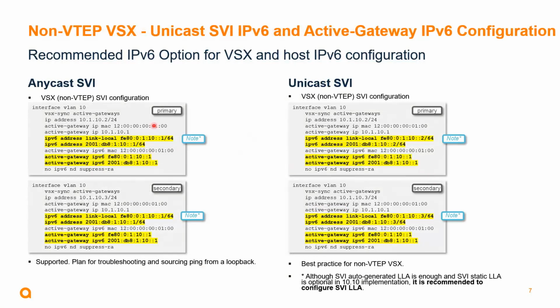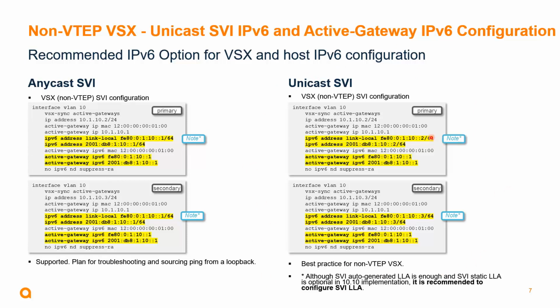Now, for the VS6 case, that is non-VTEP. So both Anycast SVI and Unicast SVI on the right side, just to compare. What we really added in 10.10 is the support of the left part. The right part was already supported before, so there is no change.